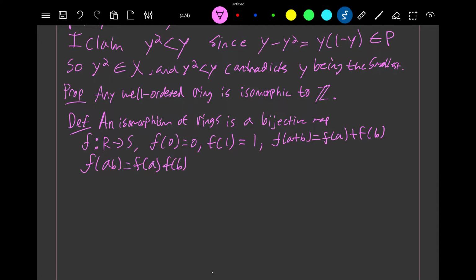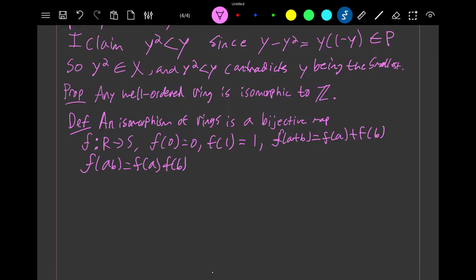So basically, it doesn't matter whether we perform the operation before taking the function or after. And so that is what an isomorphism of rings is.